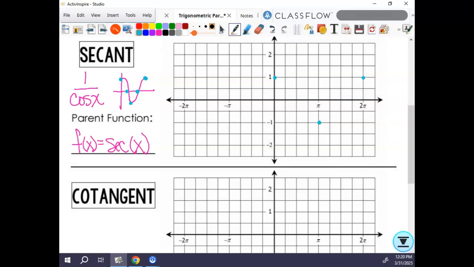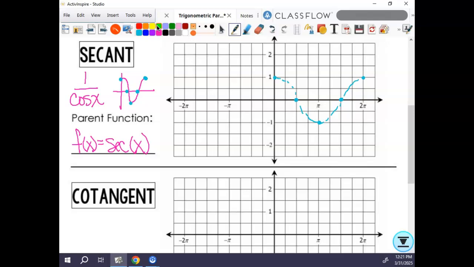So I'll have a 0 at pi halves and at 3 pi halves. And then I'm just going to sketch that in so it's on there. Good enough. Okay. Everybody with me so far? And then you're done with your colored pencil for right now.